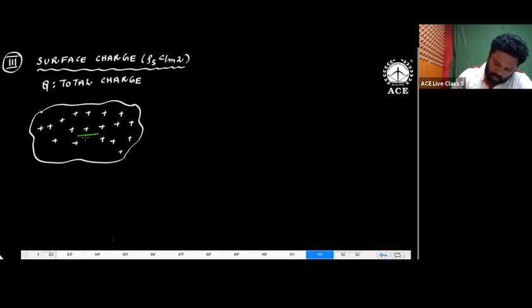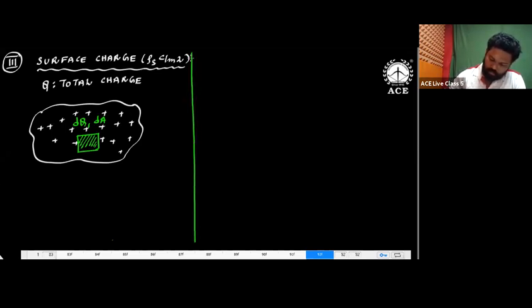I consider a small piece of area here. Here it is dq and area is dA. I'm going to define some new charge. Rho s is equal to dq by dA. Units are coulomb per meter square.